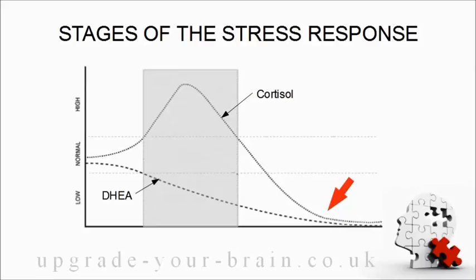So in the burnout stage, you generally feel tired, at least for part of the time, and especially maybe mid to late afternoon. You may feel wired as well, or anxious, and in fact you can have low stress tolerance, because remember that cortisol helps you cope with stress.